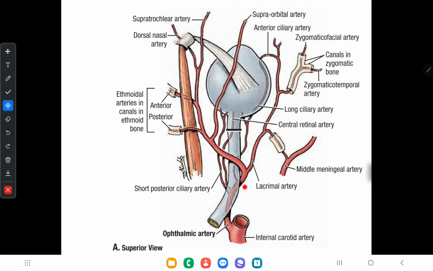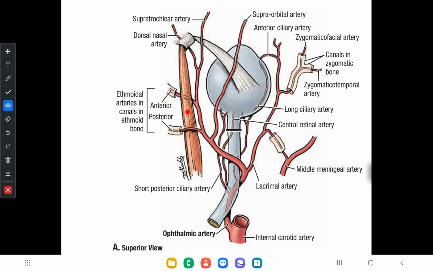Then you can see here the ophthalmic artery crossing from the lateral to medial side along with the nasociliary nerve. There should be the superior ophthalmic vein also in here. It also crosses lateral to medial above the optic nerve. I hope you are clear with the three parts of the optic nerve.